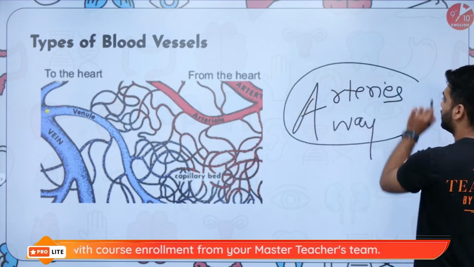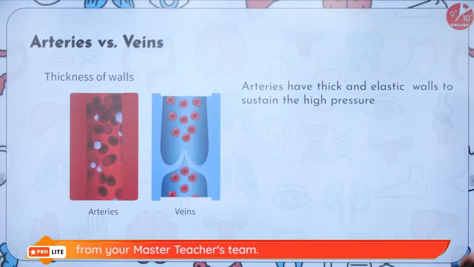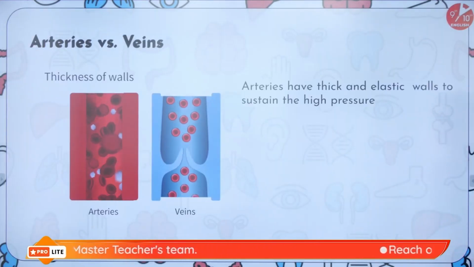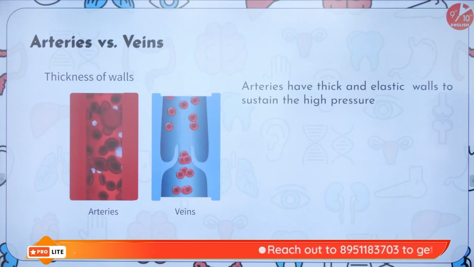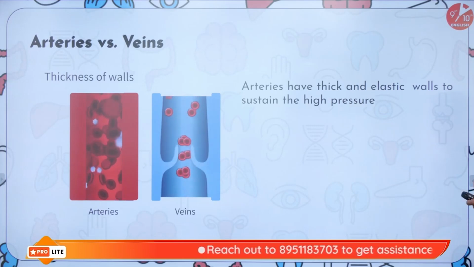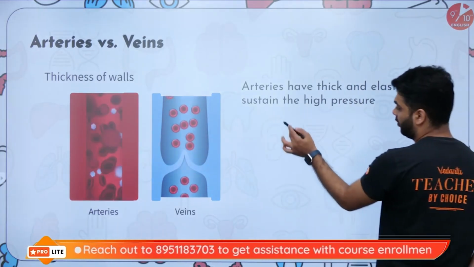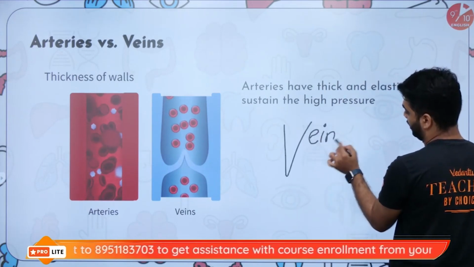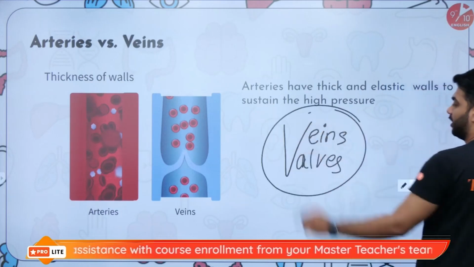Arteries have thick and elastic walls and they sustain high pressure. Veins have valves, arteries don't have valves. Remember, V veins, V valves. So, this is how you do biology. You remember it by tricks and tips.